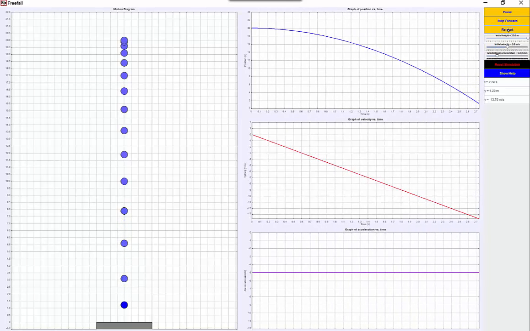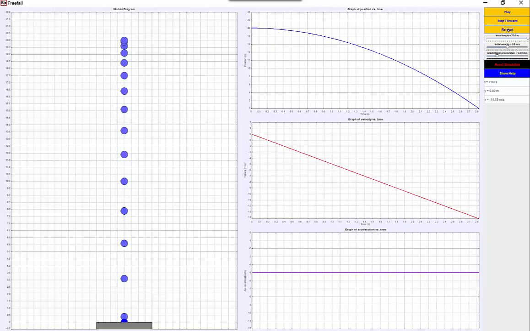You can see the scale changing as we go through this. Where it only took about 2 seconds to fall last time, it seems to have taken about 2.8 seconds to fall this time. But the shape is still the same, and notice that the position still increases over time. Now our acceleration is only minus 5 instead of minus 10, which changes the slope of everything.